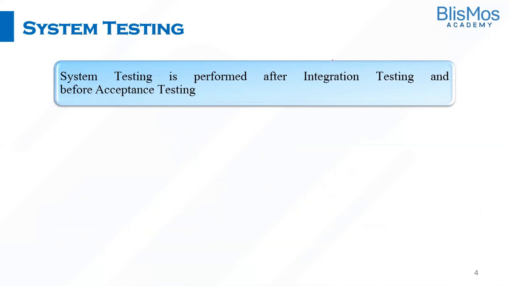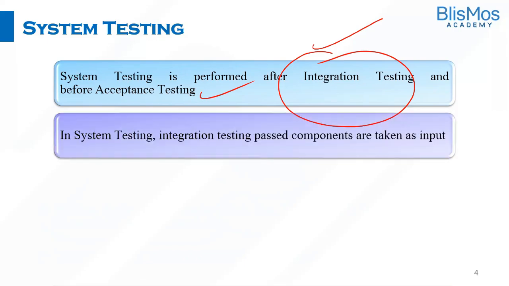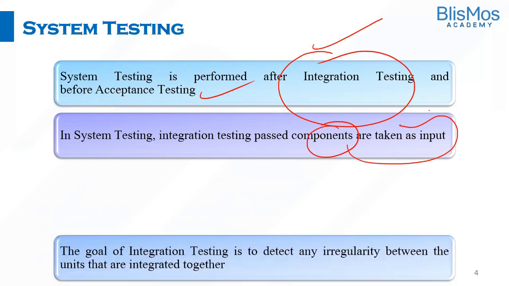Always, system testing is performed after the integration testing, but just before the acceptance testing, because you need to complete the system testing before you perform the acceptance testing. So after the components are integrated, those integrated components are taken as input and they're further tested as a part of the system testing.